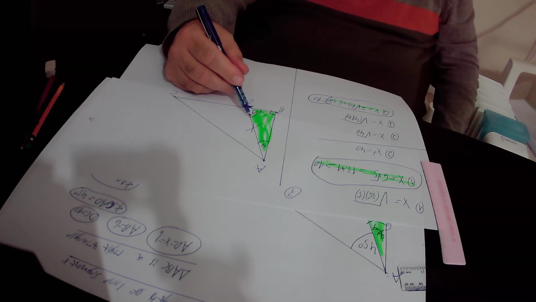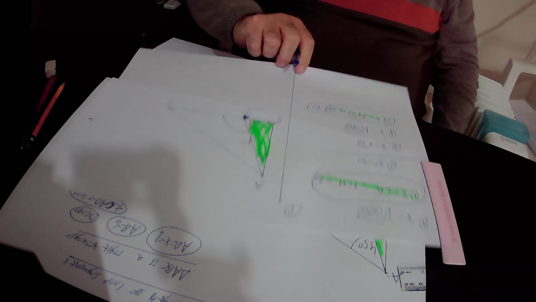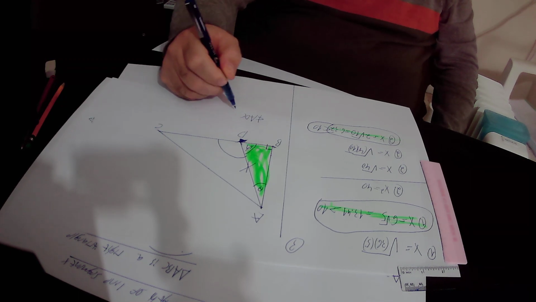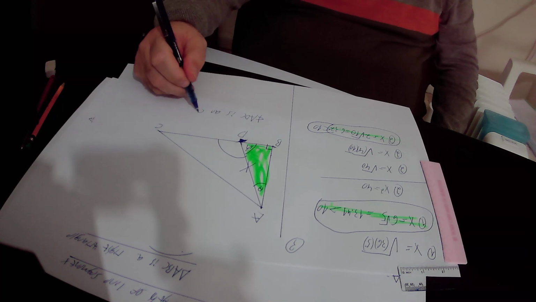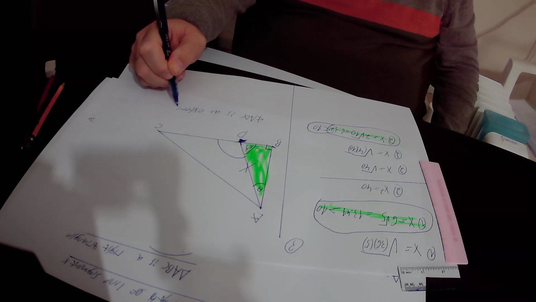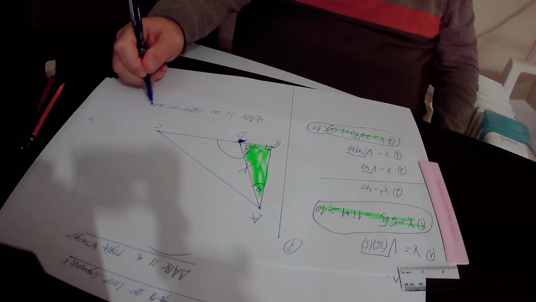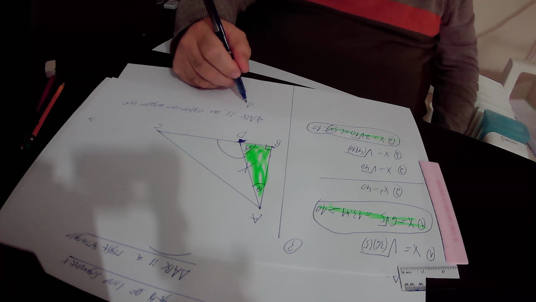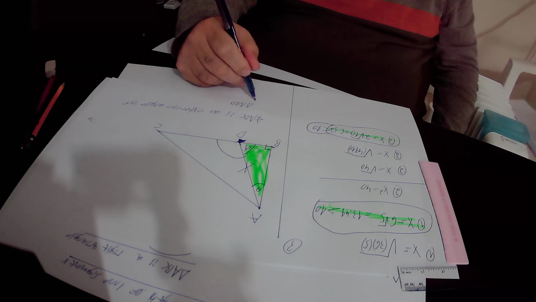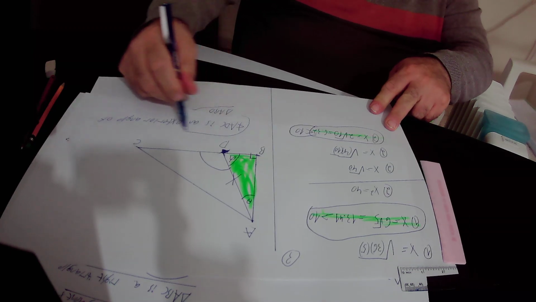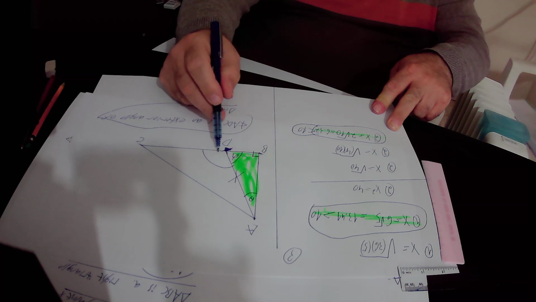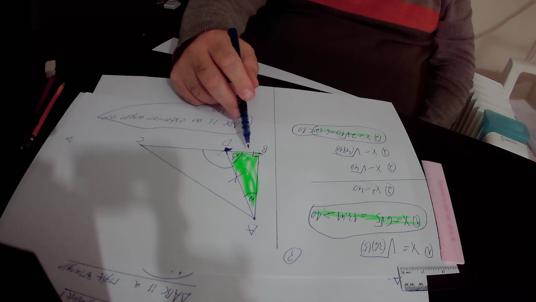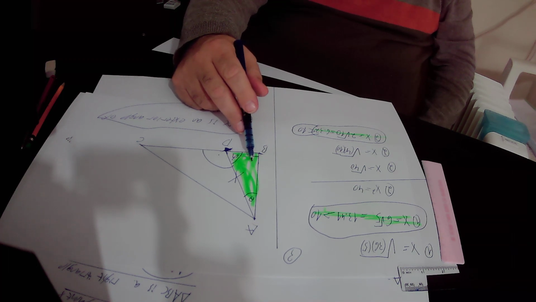Here angle ADC, this angle, is an exterior angle of the right green triangle, triangle ABD. I will repeat again. This angle, angle ADC, is an exterior angle of the right green triangle, triangle ABD.